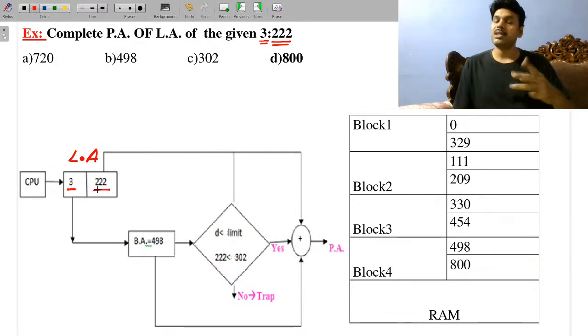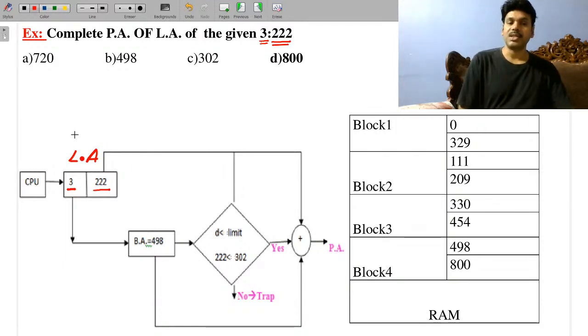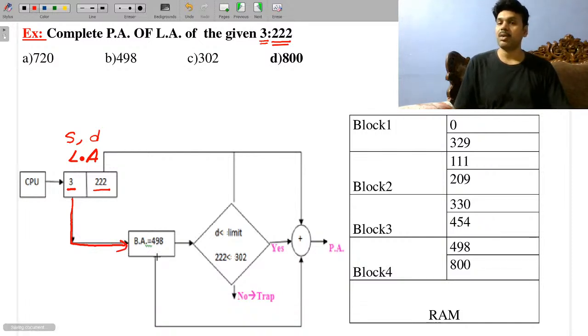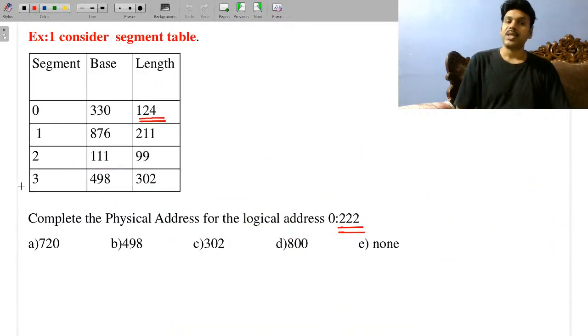The first field is the segment number, the second field is the segment offset, which is S comma D. First I will check whether 3 is available in your segment table or not. Segment 3 we are asking. As far as the previous table is concerned, yes, it is available. Its base value is 498. Its length value is 302.